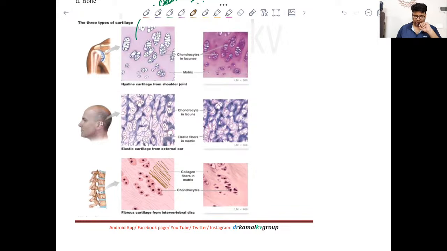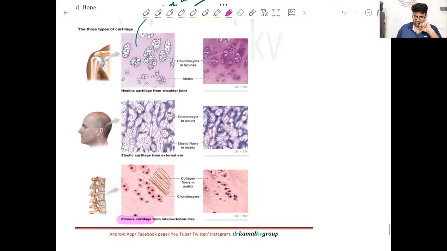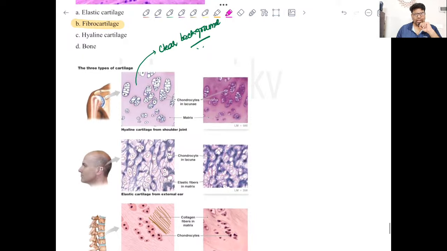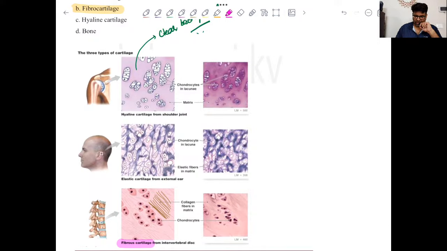Fibrocartilage is the easiest to identify, and in hyaline the background is clear, whereas in elastic cartilage you will see elastic fibers in the background, in between the chondrocytes. So this is the elastic cartilage.